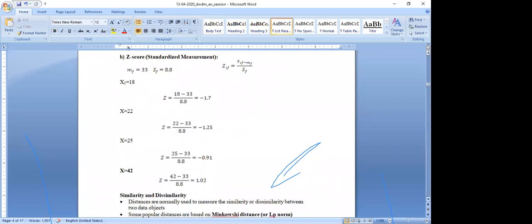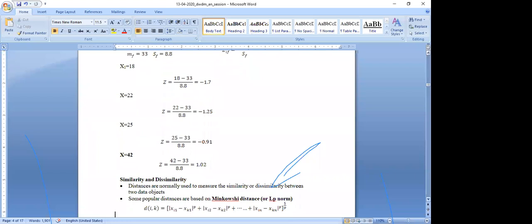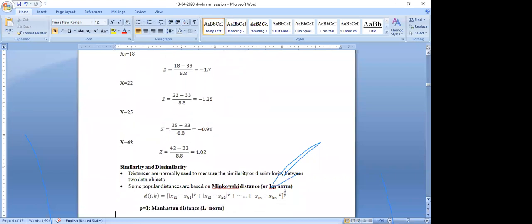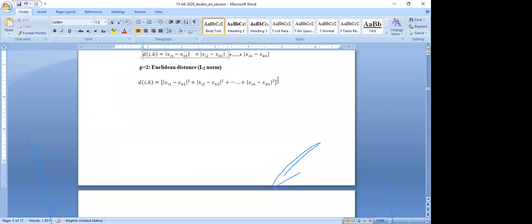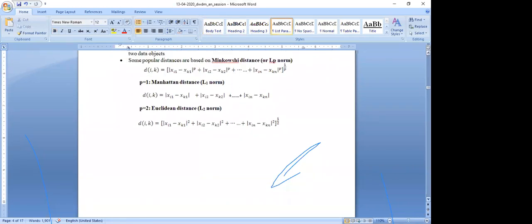In order to calculate similarity and dissimilarity, there are other methods also. They are probability distributions and certain distances. This is a norm formula. Some popular distances like Minkowski are used. Here is the Lp norm formula.